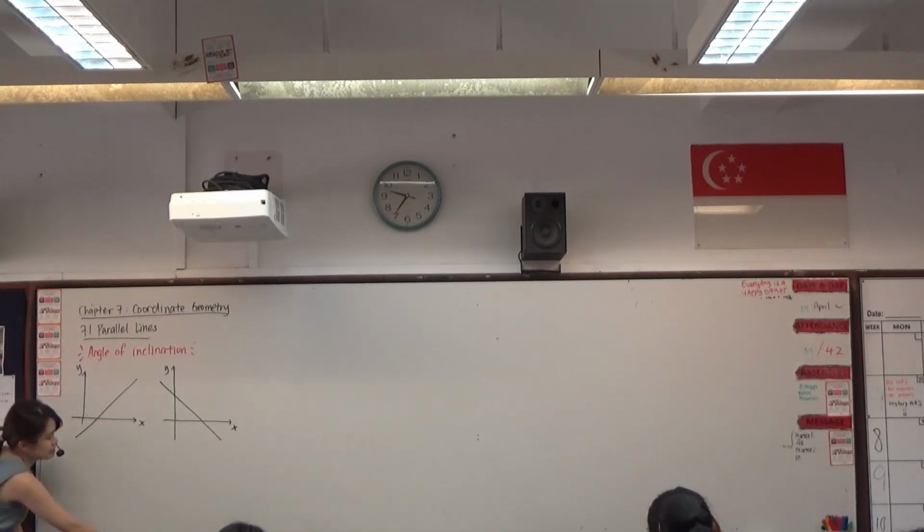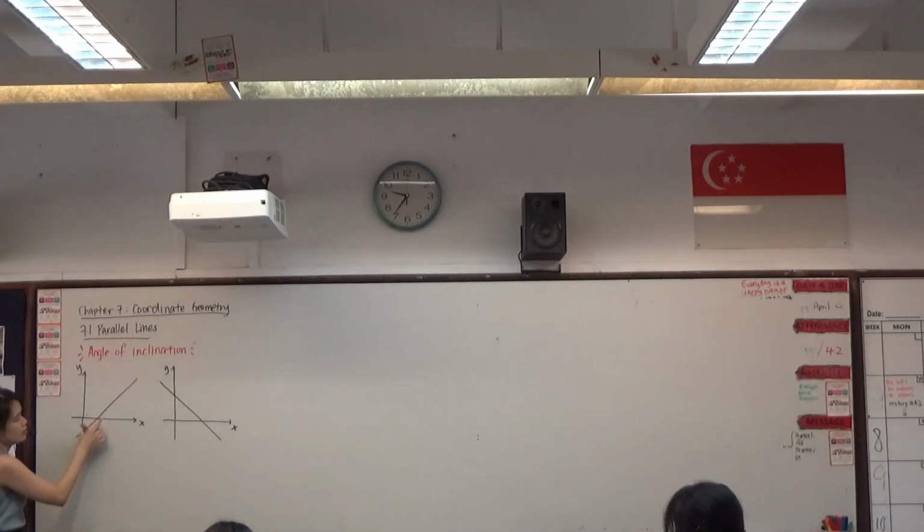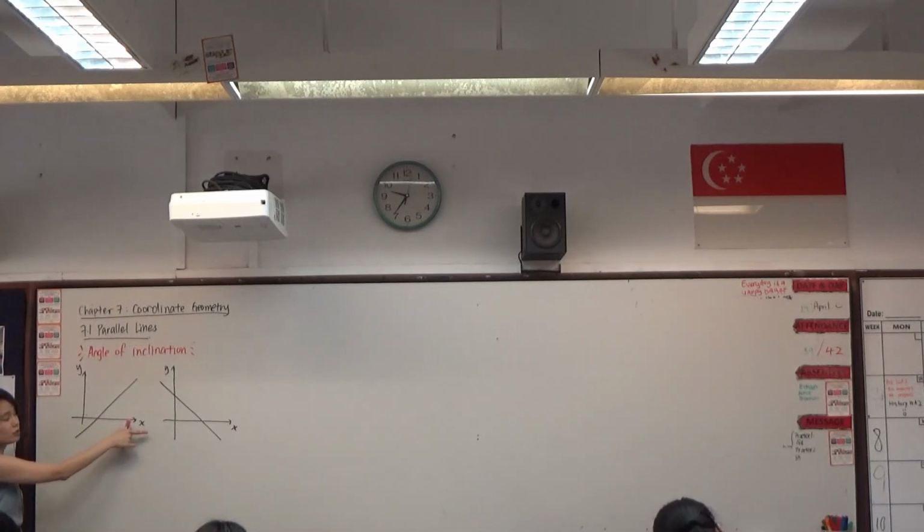The angle of inclination is defined as the angle found between the line and the positive x-axis. What is the positive x-axis? We are looking at the positive direction of your x-axis, so this is the angle that we're referring to. I'm going to label it as theta.